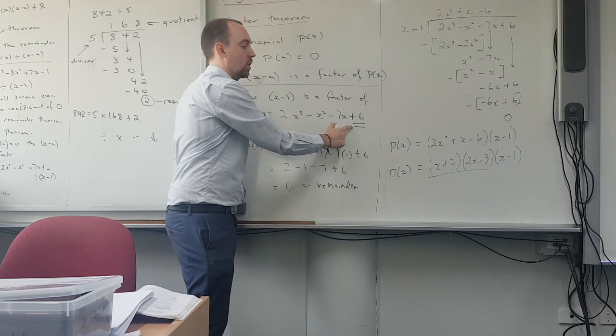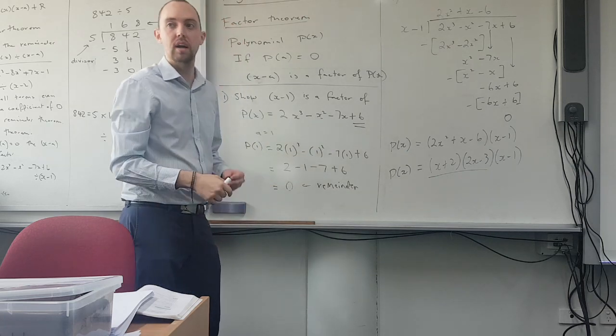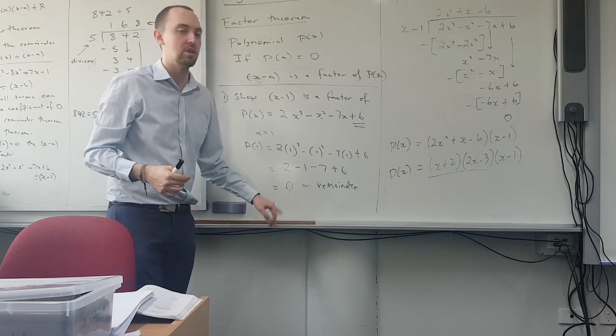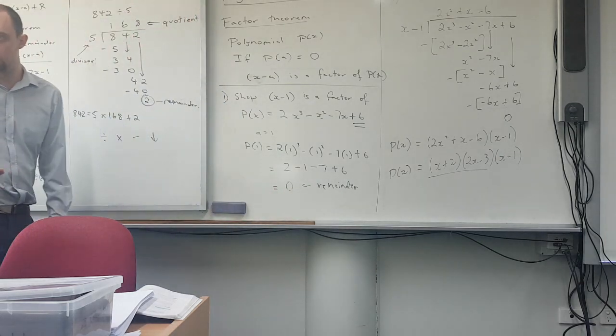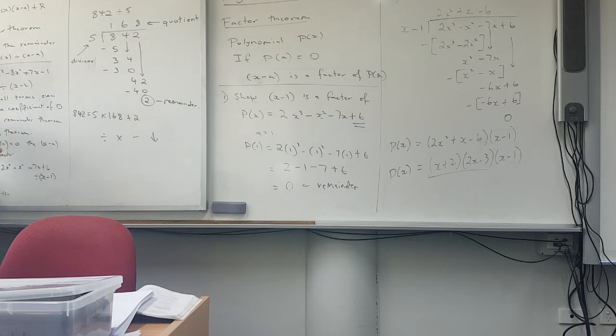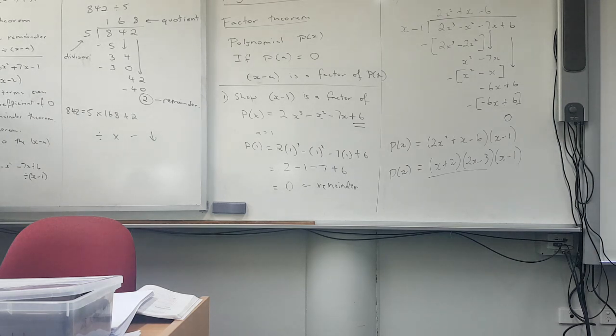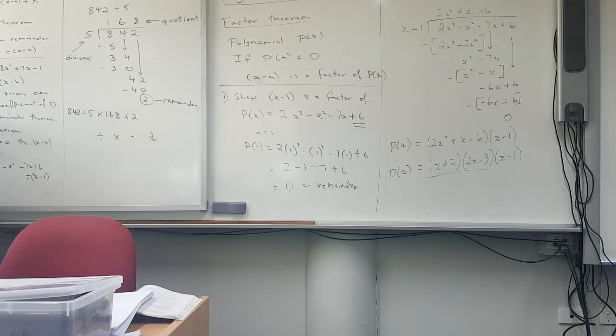So that's a clue as to which factors you can try first in order to get a remainder of 0 and factorize your polynomial. Otherwise, we spoke about our factor theorem, which is where that part 1 comes from. If we can check the remainder is 0 ahead of time, it will help us. Other than that, I believe that's all for today.